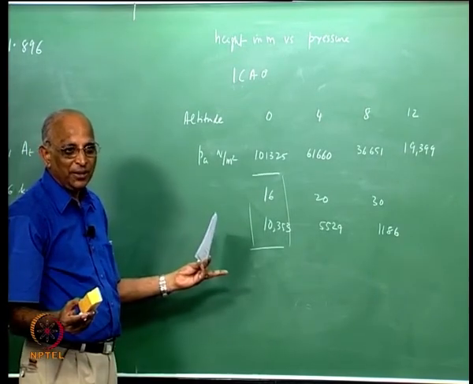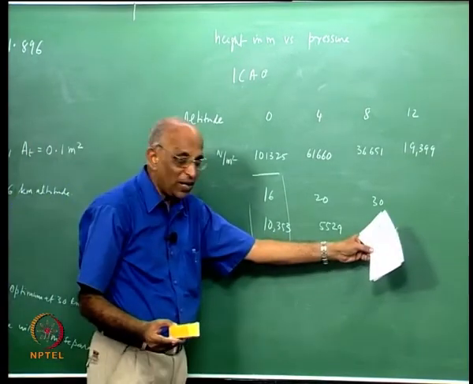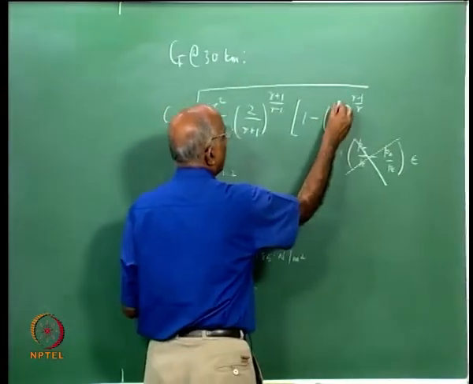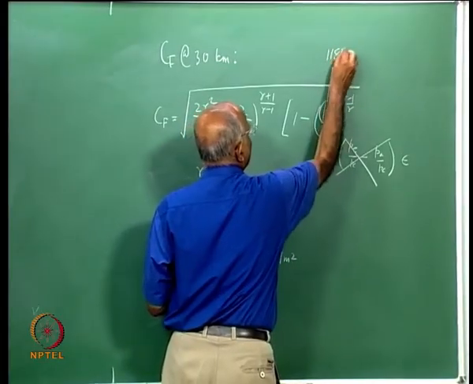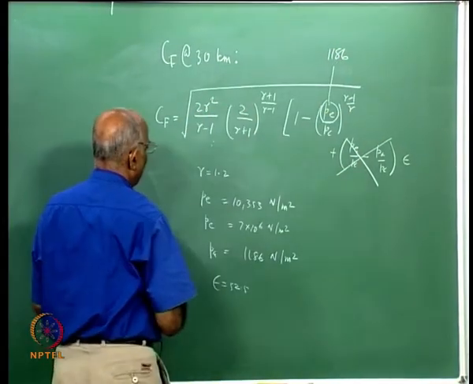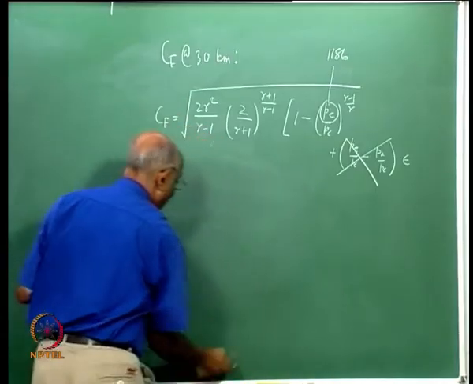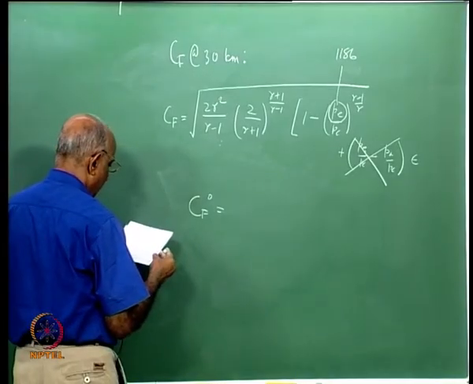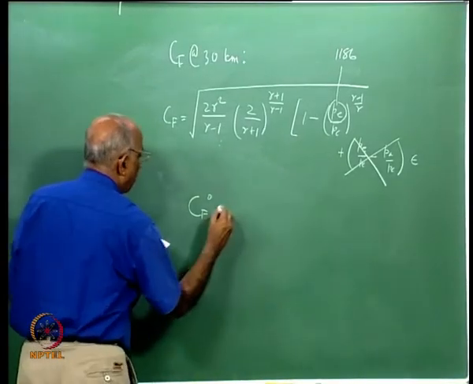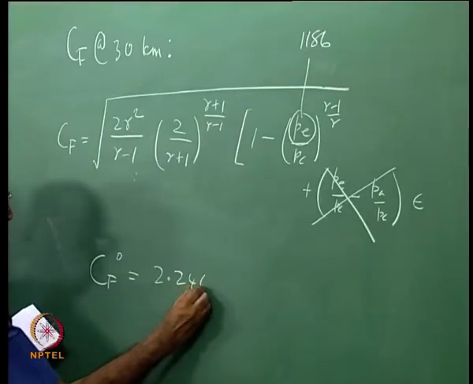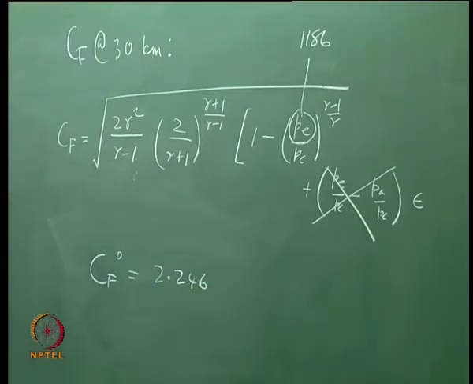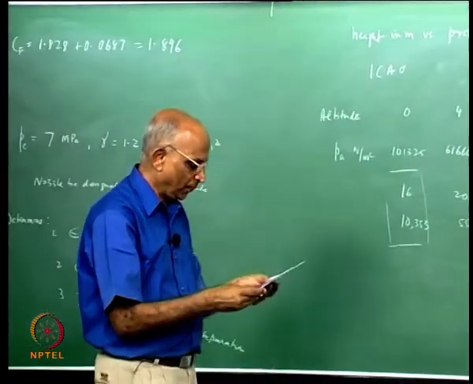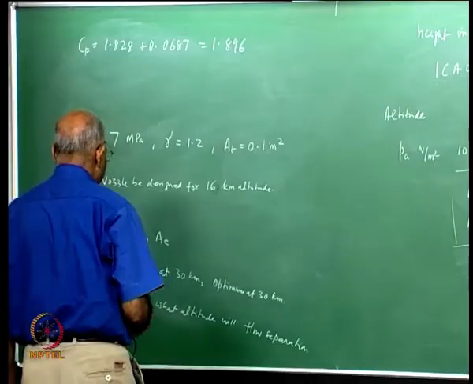Optimum at 30 kilometer, that means I will have a nozzle which gives me this value 1186, therefore I now change the value of Pe equal to 1186, this gets knocked out, and the value of Cf, which now becomes Cf optimum, will now become something like 2.246. You see, thrust coefficient is in the ballpark number of around 2 to 3. Therefore, what is the percentage reduction from optimum?